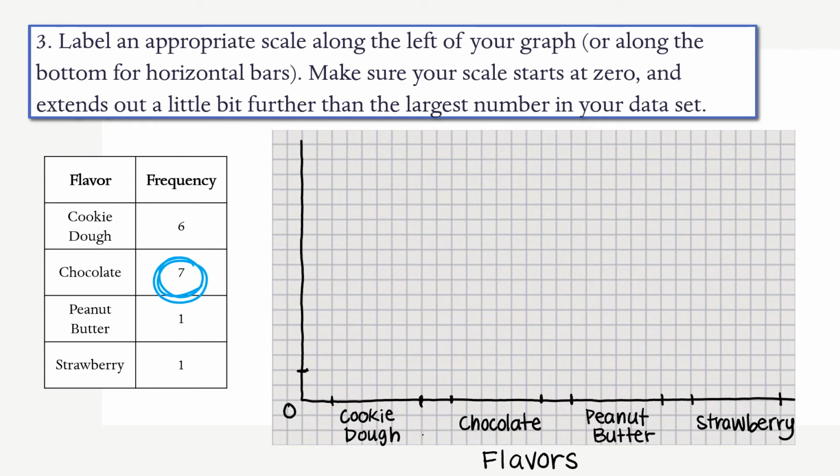So this will be 1, this will be 2, 3, 4, 5, 6, 7, 8. You also could have labeled your 1, 2, 3s, and 4s, but it makes it a little neater if you don't label every single axis.